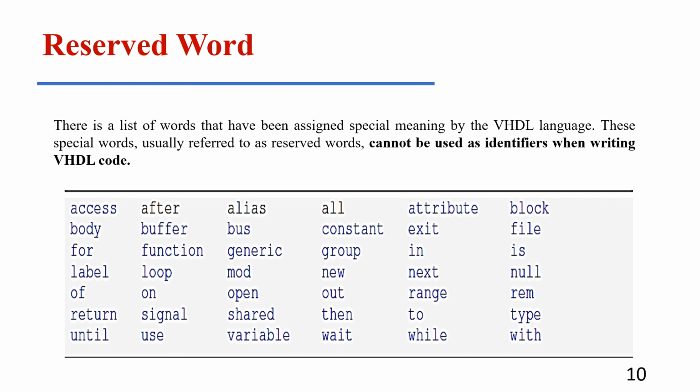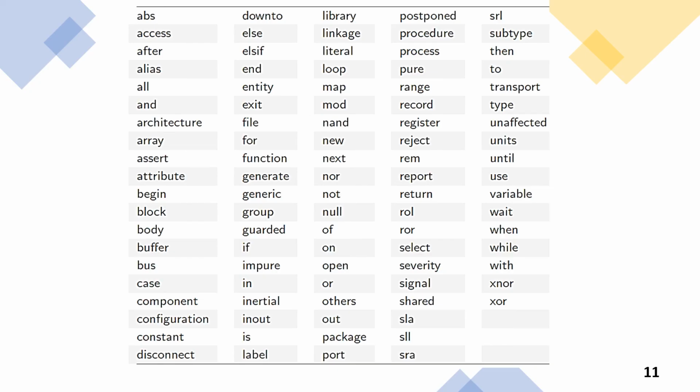You can see some of them in this table and the table on the next slide, like all, in, is, new, loop, of, and so on. This table is a continuation of the table on the previous slide, and you can see more reserved words of VHDL.